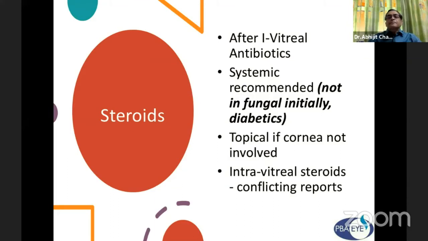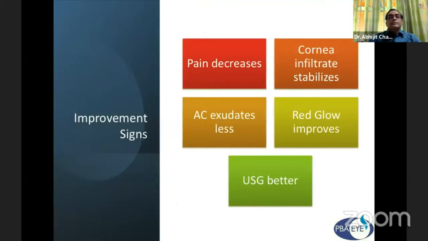Systemic steroids are recommended, not initially in fungal, and in diabetics we don't give systemic steroids. Topical also we don't give if the cornea is involved. And intravitreal steroids in fungal endophthalmitis also have some conflicting reports.